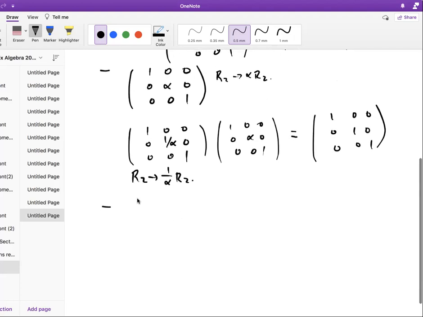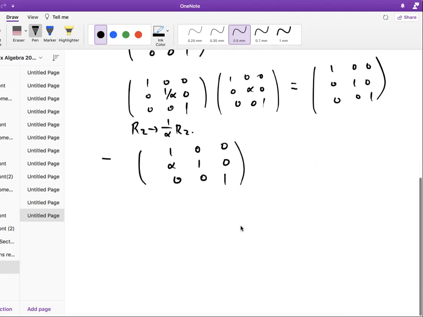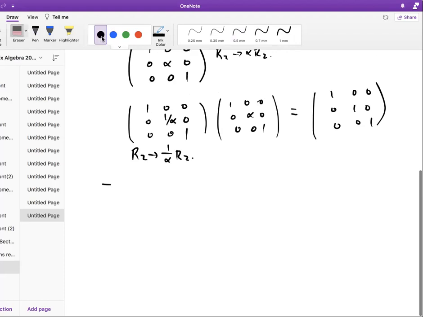Okay, and then lastly, let's do a type 3. So I added alpha times row 1 to row 2, but I don't want to do that. Let me just write it out. Actually, let's do a different one.